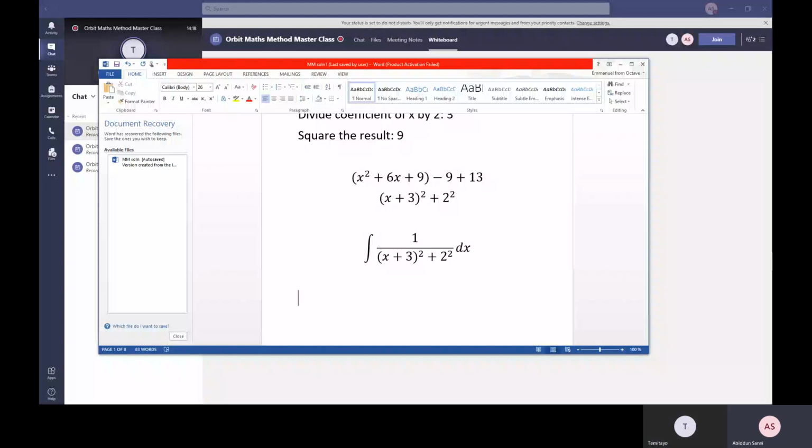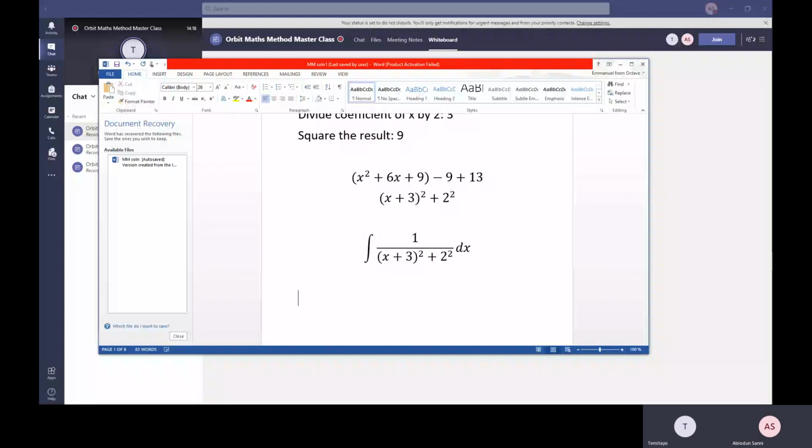Scroll down. Okay. Formula for, I'm going to do an insert equation. I'll call it I subscript n, which is the definite integral of, let's say this.